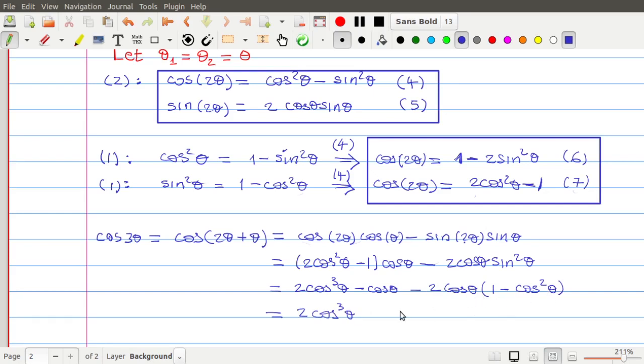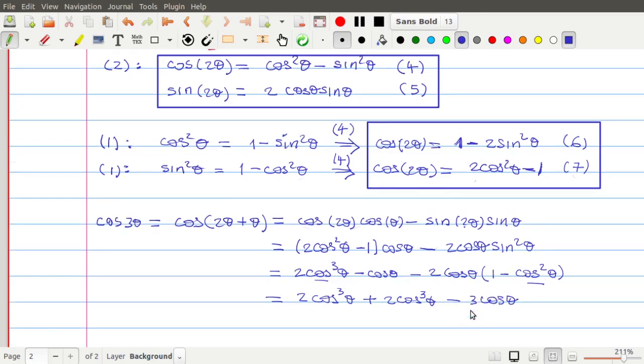We have another cube here, so plus 2 cosine cube theta, so we have this one and this one expanded. Now the remaining, we have negative cosine theta, negative 2 cosine theta, that will be negative 3 cosine theta.